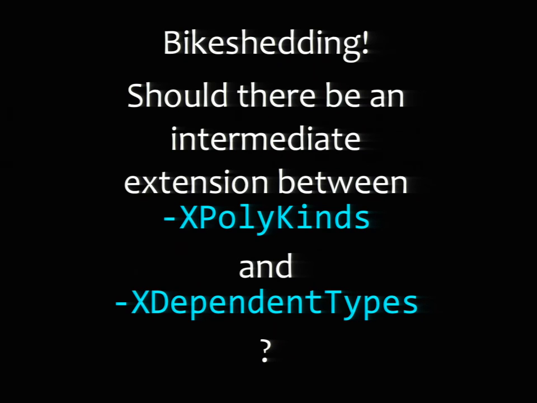But if you're running your code and you just want to verify that, I don't know, my list is not empty at some point, simple properties, and you don't want to spend a lot of time on it, then you should use refinement types. So it would be nice if we could support both in Haskell and the user just chooses between them.